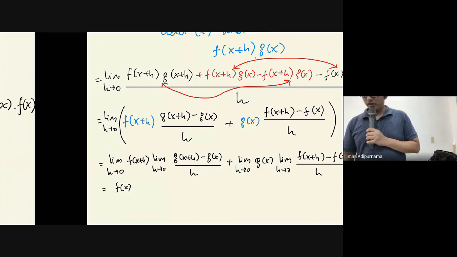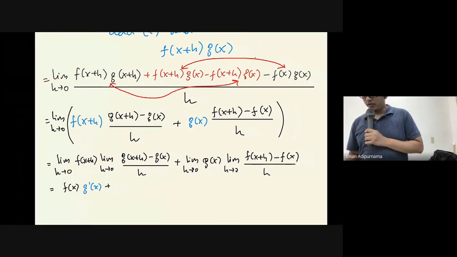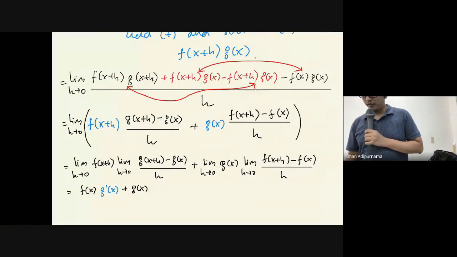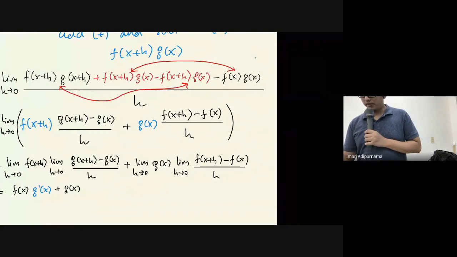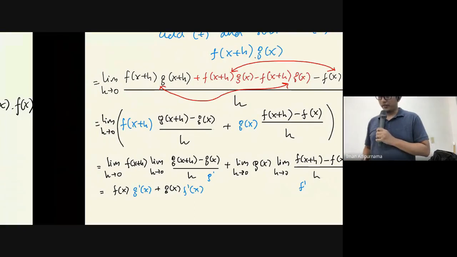So I can write this as g prime of x, the derivative of g. And then plus, this is just g of x, and the last part is the derivative of f, so f prime of x.